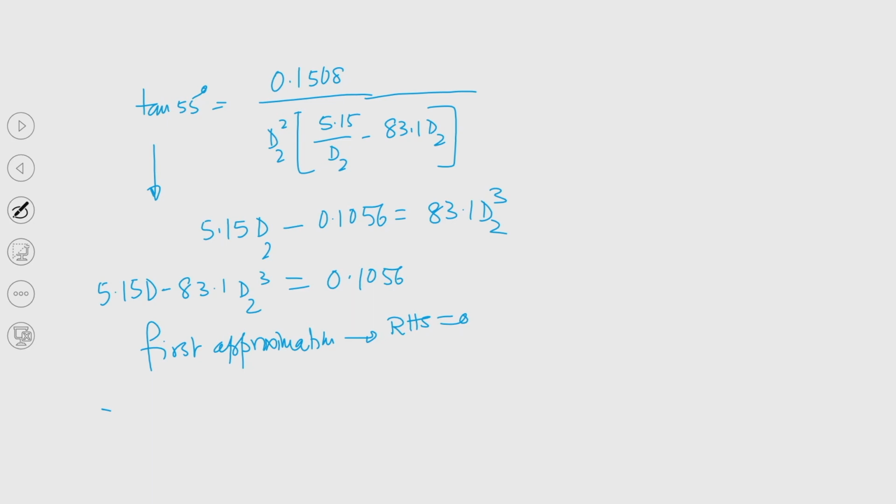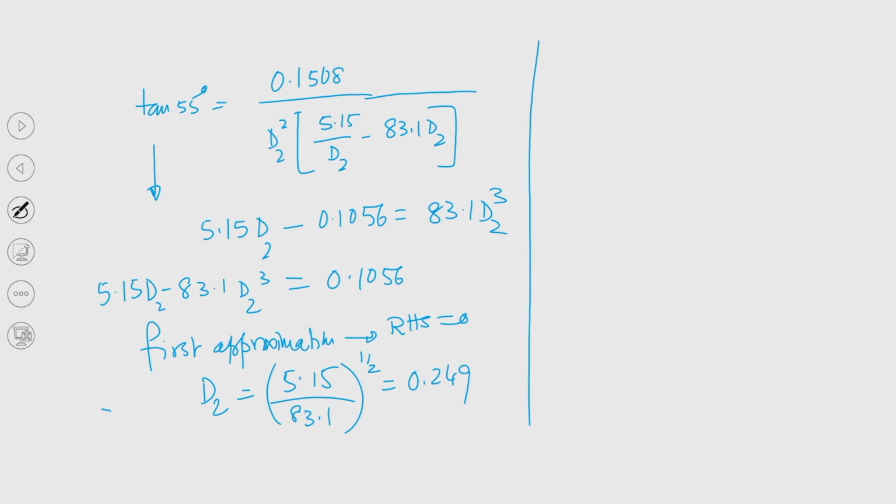If we make RHS equal to 0, we will be getting d2 equal to 5.15 divided by 83.1, power half, and that is equal to 0.249, right. This is not the correct one, because we are trying to have an approximate solution. So, this is the first approximation, we need to iterate.